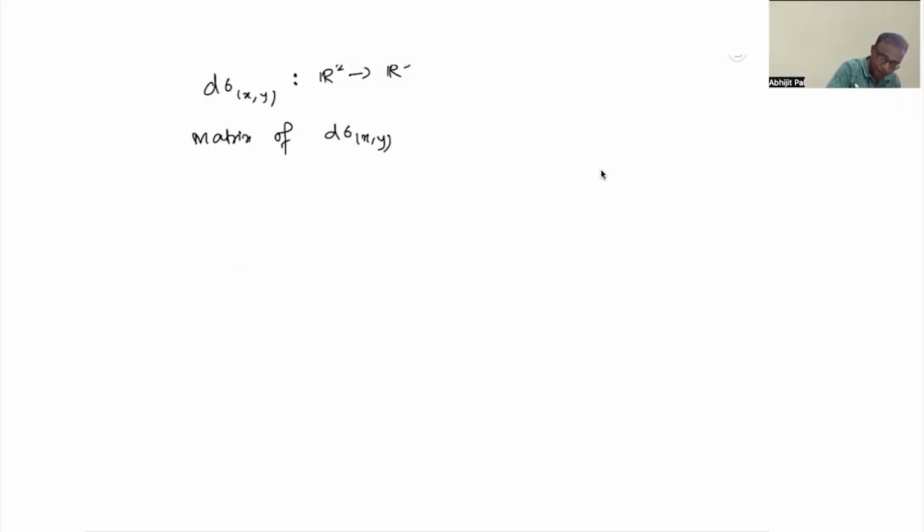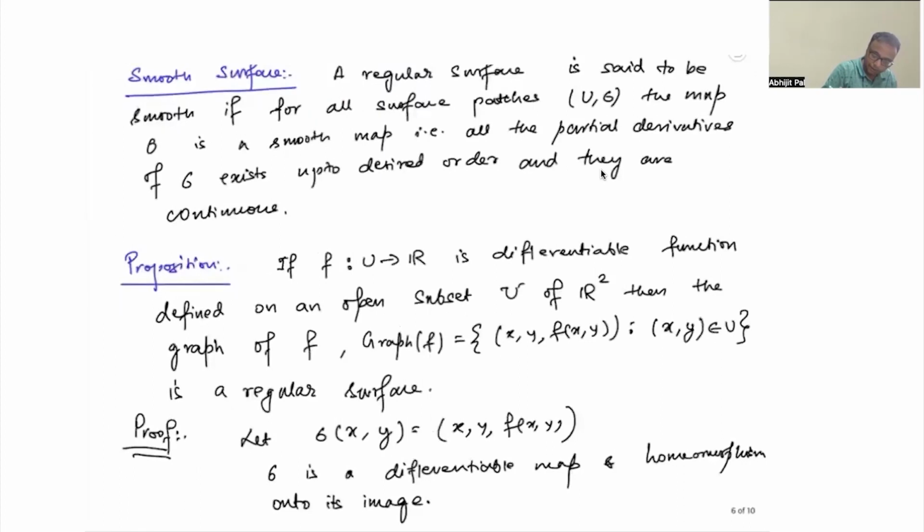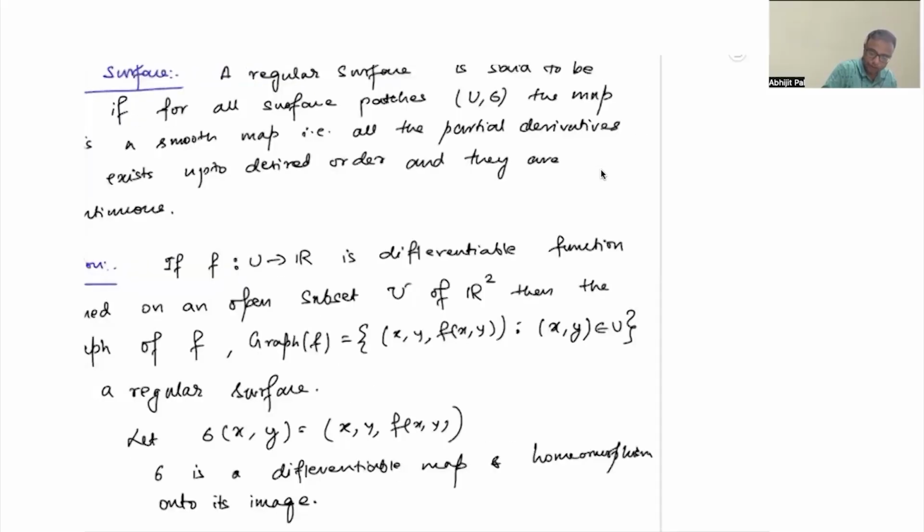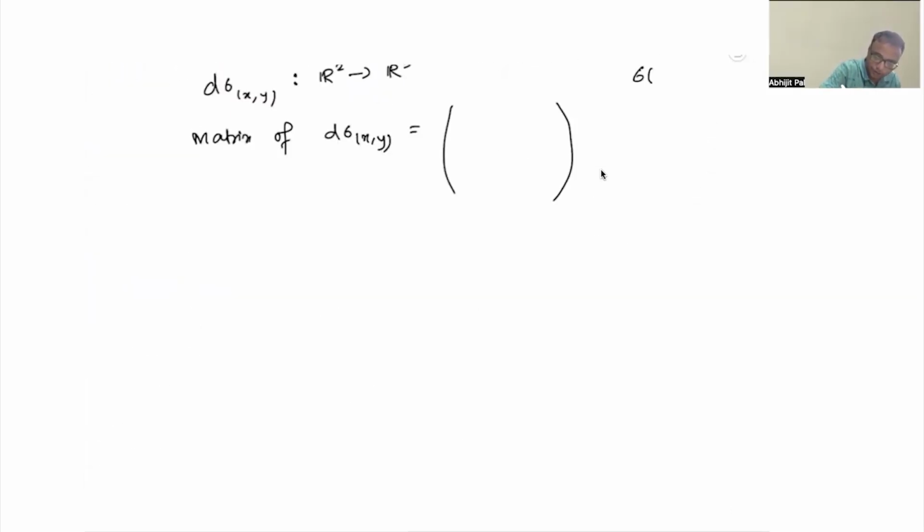Recall that sigma(x, y) has coordinates, say, f(x, y), g(x, y), h(x, y). The matrix is obtained by taking the partial derivatives with respect to x and y for each coordinate. Here the first coordinate is just x, so the first row will be 1, 0, the second row will be 0, 1. For the third row, h is here this f, so the third row is the partial derivative of f with respect to x and the partial derivative of f with respect to y.